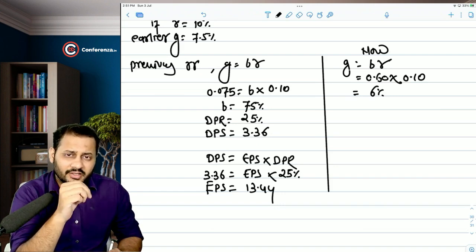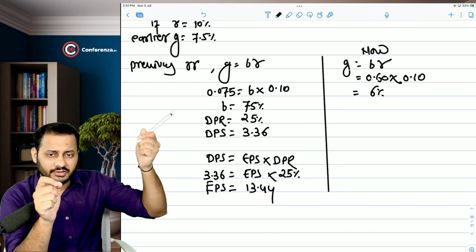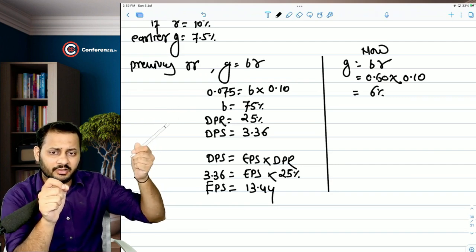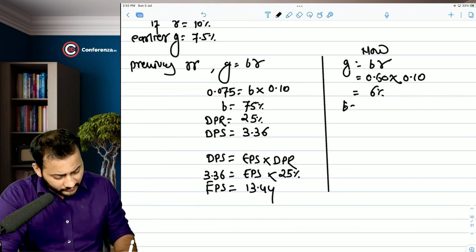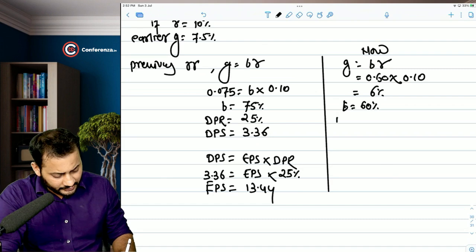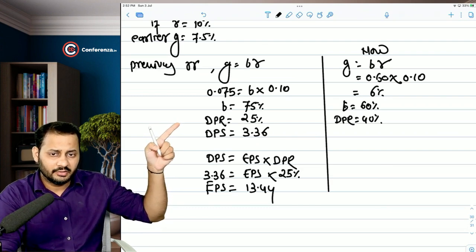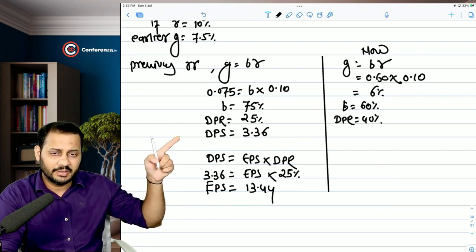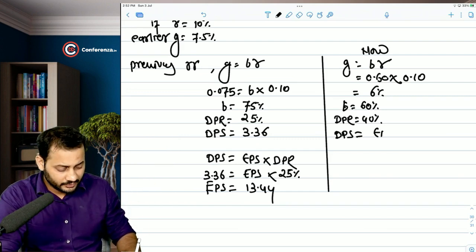So the thought that came to my mind was, what was the earlier retention ratio? If earlier the retention ratio was this, DPR was this, and at that DPR, DPS was this, that means now the retention ratio is 60%, so the dividend payout ratio will be 40%. Earlier at 25% DPR, 3.36 was the DPS. Now what will be the DPS? It's very simple. For that purpose, you need to calculate EPS.